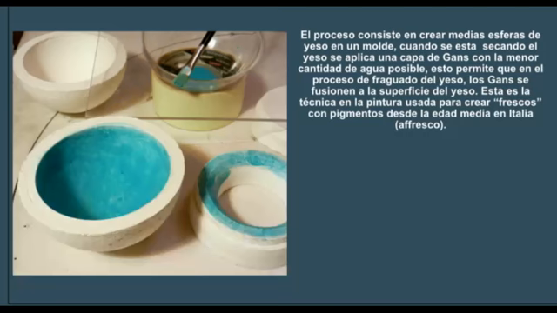By applying the pigments when the plaster is fresh, they become part of the structure of the piece. This is the painting technique that's been used, called fresco, since the Middle Ages in Italy. So it is very interesting.